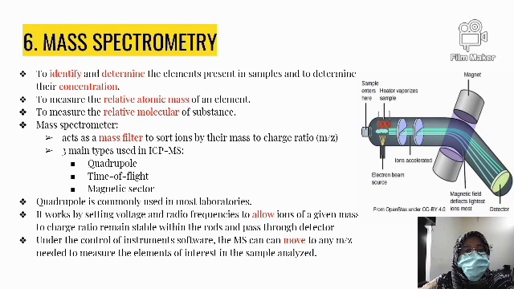Quadrupole is commonly used in most laboratories because it works by setting the voltage and radio frequency to allow ions of a given mass to charge ratio to remain within the rods and pass through to the detector. Under the control of the instrument's software, the MS can move to any m/z needed to measure the elements of interest in the sample analyzed.